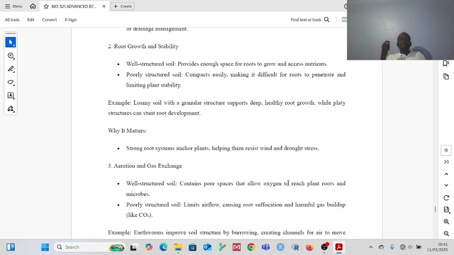But if the soil is poorly structured, it will compact so easily, and therefore it makes it difficult for the roots to penetrate. Once the roots cannot penetrate properly, then it means the plant will not even be stable. And if the roots cannot penetrate properly, it equally means the same roots cannot access the nutrients that are present in that soil.